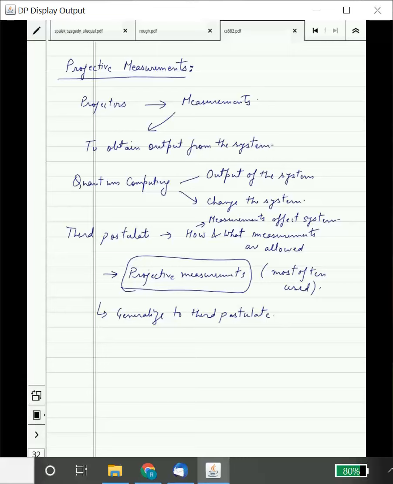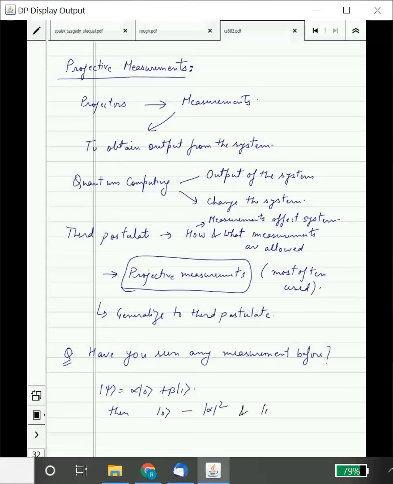Have you seen any measurement before? You might say no, but I think you have. Remember, we said that if our state is alpha 0 plus beta 1, then under some condition it gives us 0 with probability alpha square and 1 with probability beta square.